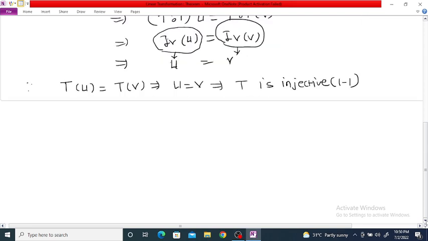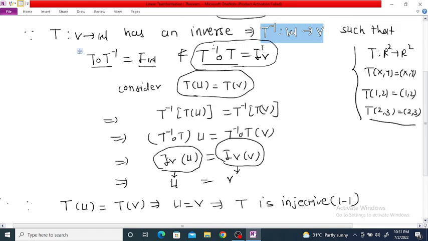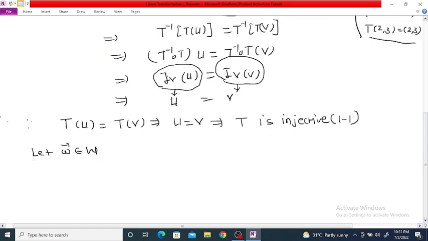So let w bar belong to W. Now since there exists an inverse, T inverse is a mapping from W to V, this implies T inverse of w bar is equal to u bar, where u bar belongs to V.